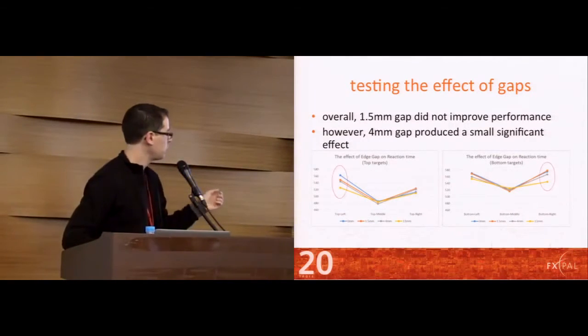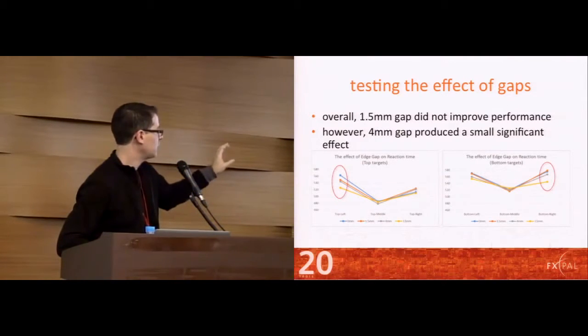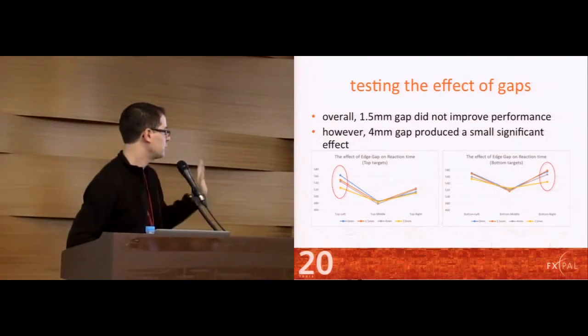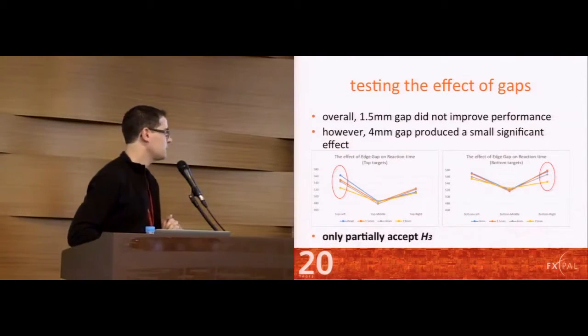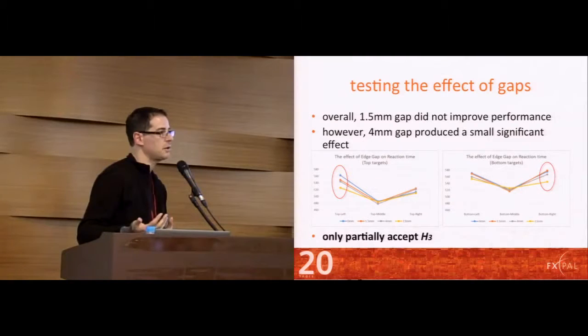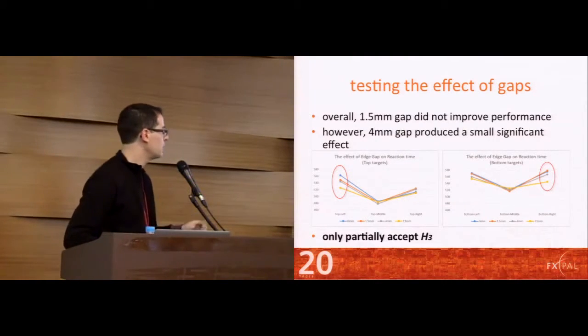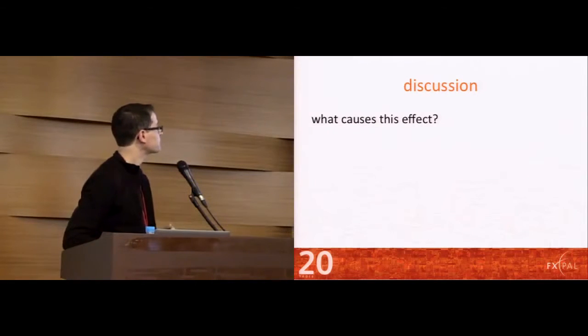And what I plotted here for you is what the difference in gap does in the top left and the bottom right targets: you see that adding even small gaps between the target and the edge starts improving performance. So we can only partially accept H3 that said that adding the gaps would make the effect go away, but in some cases it does.